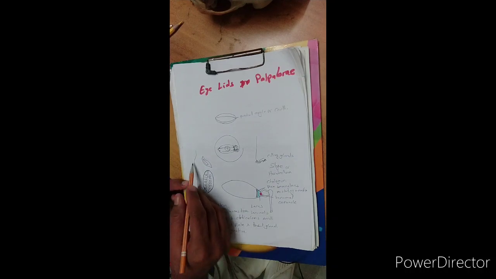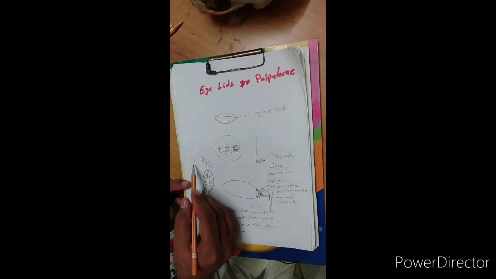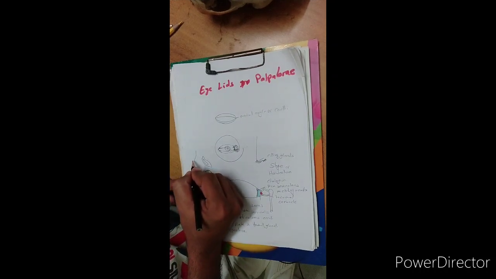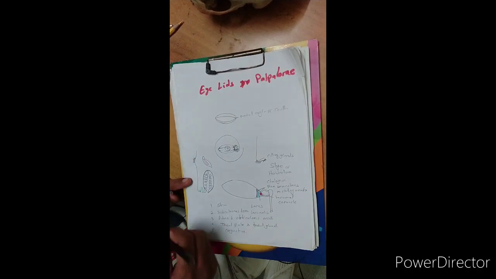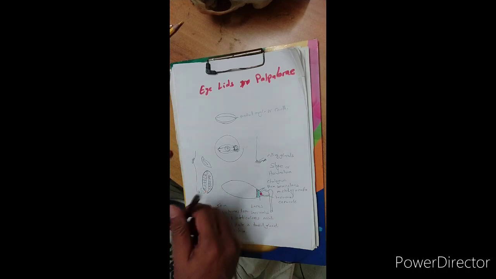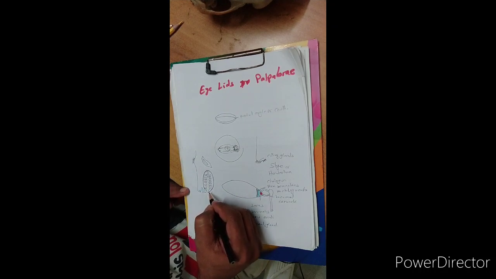First you see the skin. The skin of the lid is loose and thin, with hair follicles for the eyelashes here, and the eyebrows in this area. The skin is very thin and is continuous at the lid margin with the conjunctiva.